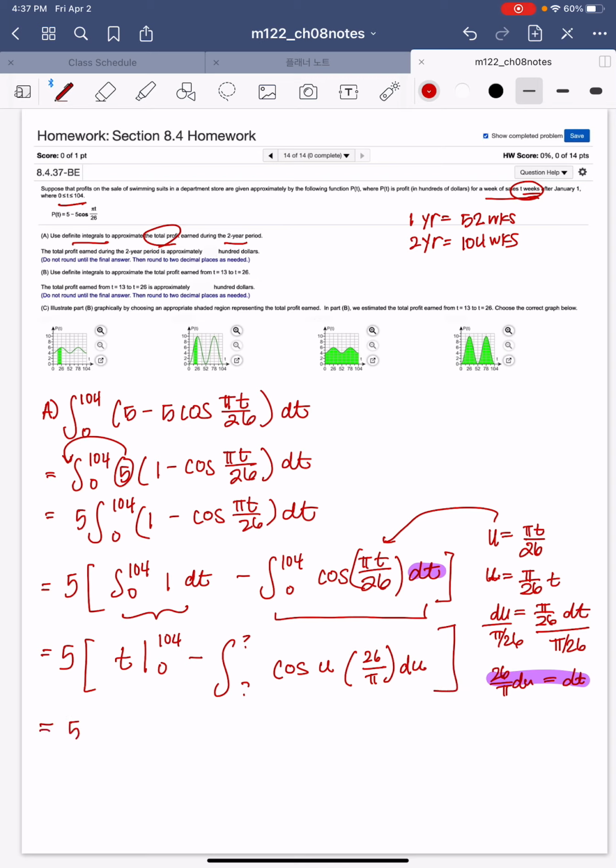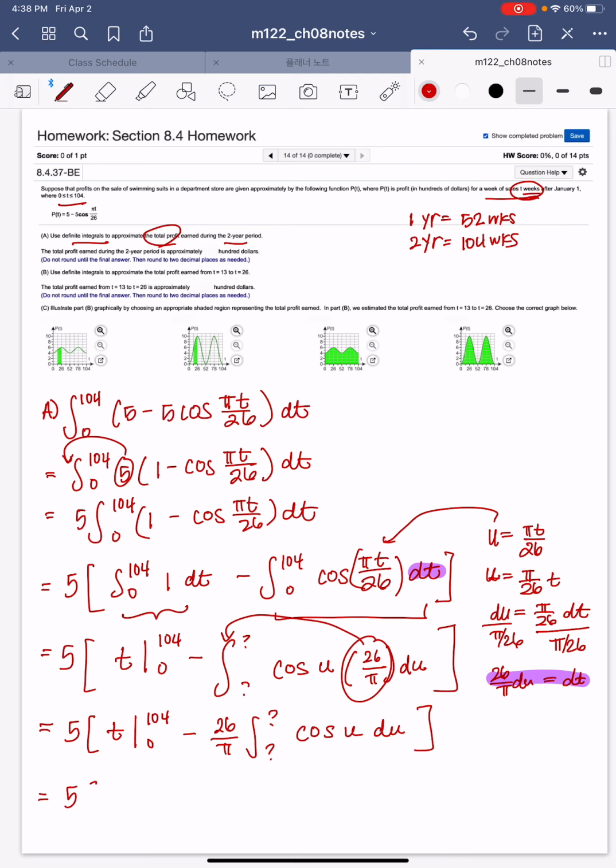Keep going, 5, integrating from t 0 to 104. You can integrate it, but I'll just leave it for now. I want to finish integrating the second term. So 26 over pi can be pulled out.